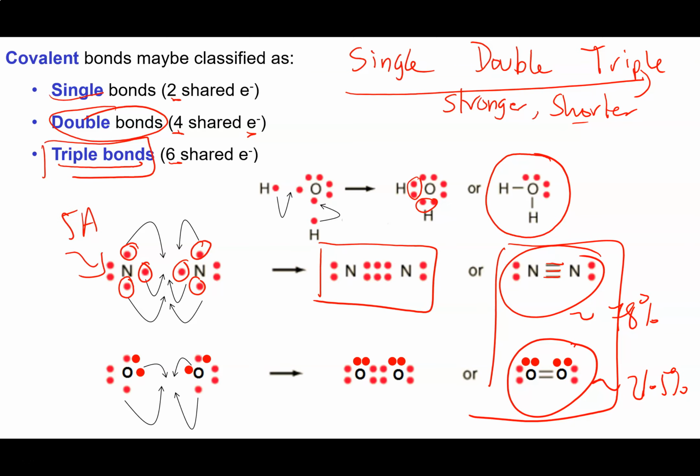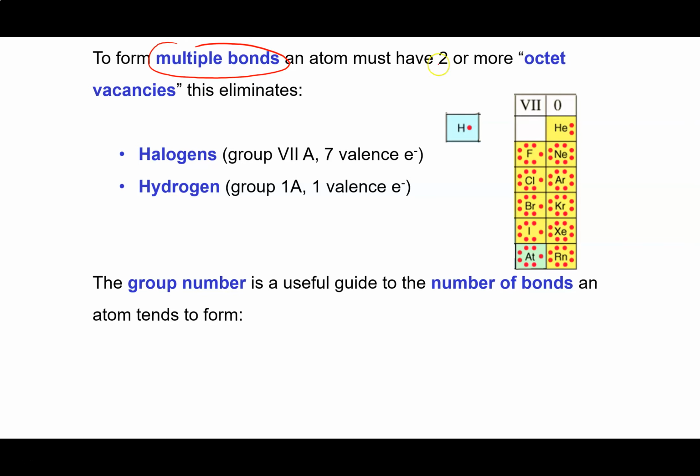Now, if an atom is going to form a multiple bond, that is a double or a triple bond, then it has to have two or more octet vacancies. So hydrogen and the halogens in group 7A, we're not going to see them forming double bonds and triple bonds because they just don't have a sufficient number of octet vacancies.